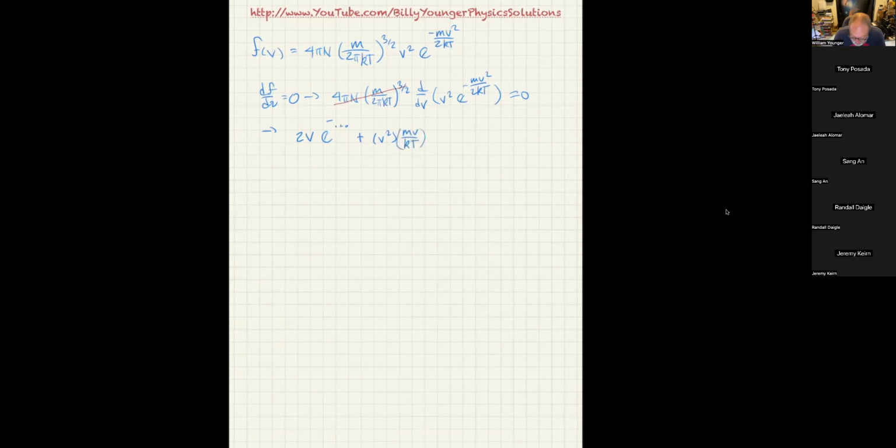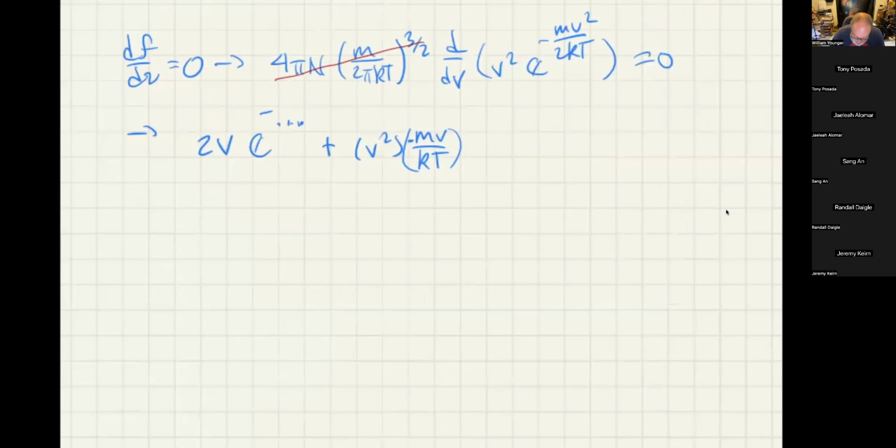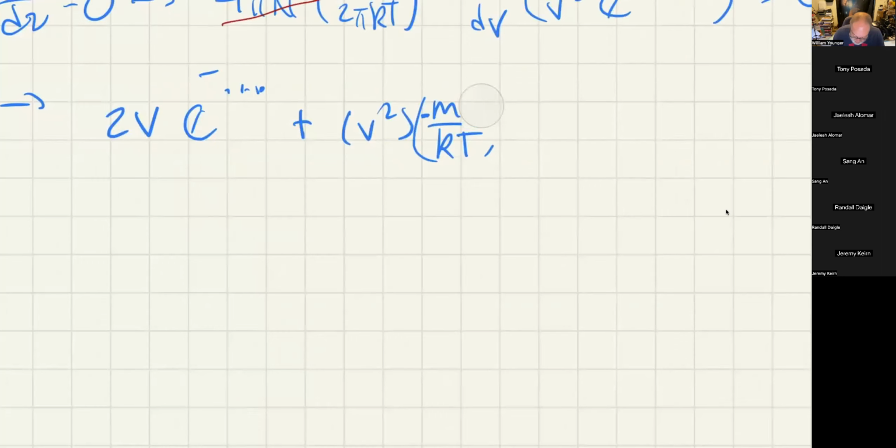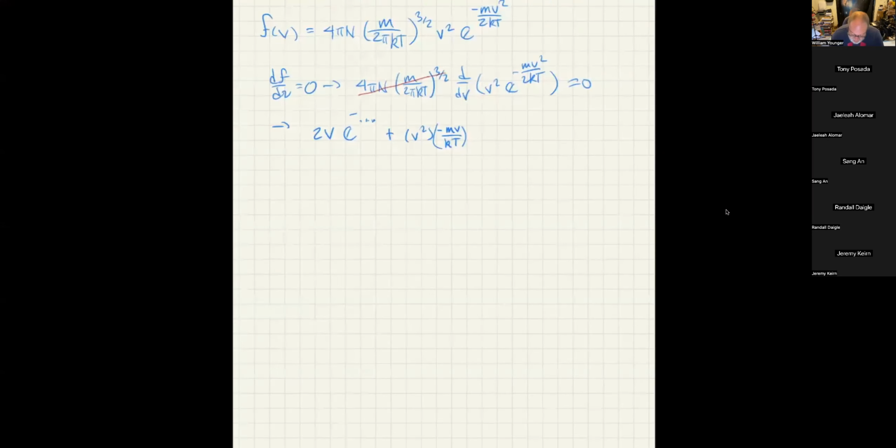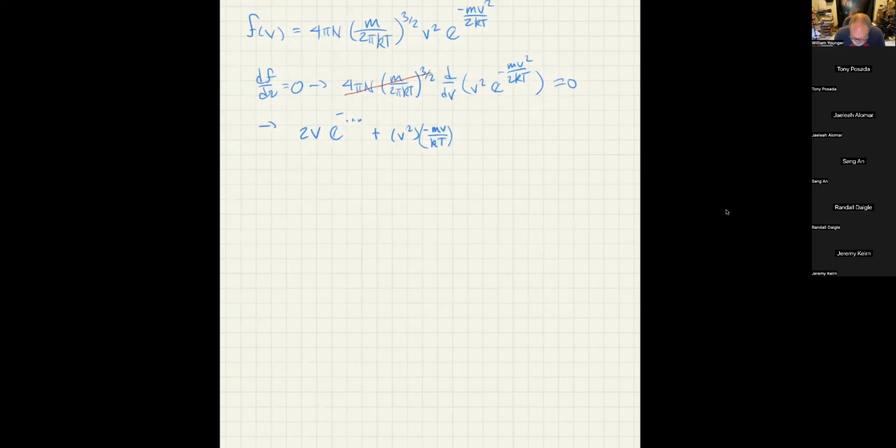And there should be a minus there. Sorry about that. Let me make it a little more obvious that I put a negative in there. So it's negative mv over kT, and it's also multiplied by e to the dot, dot, dot again. That's all equal to 0.